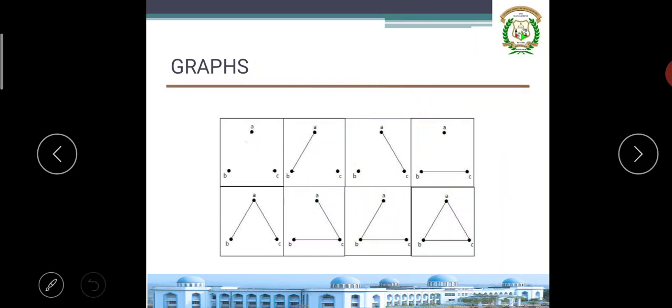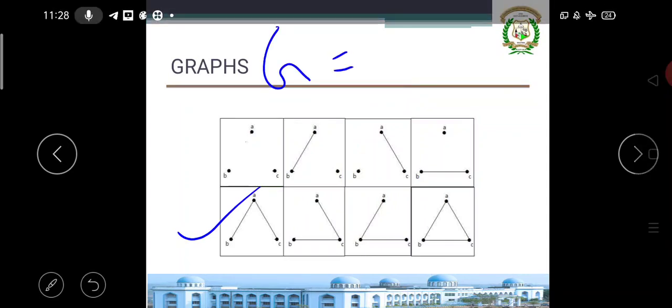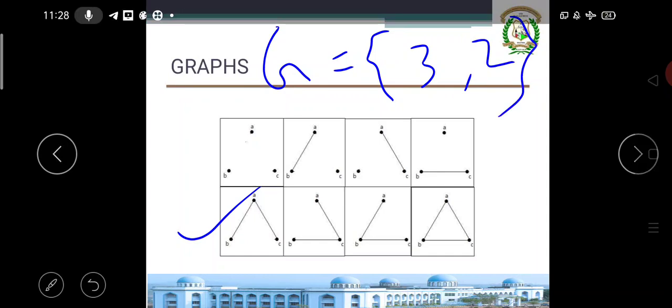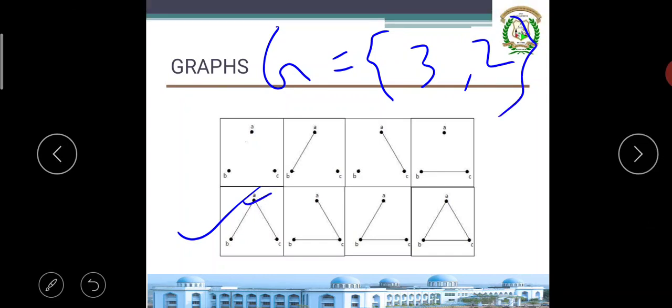Now, if you observe these, three vertices and 2 edges: G of 3, 2. The 3 vertices are A, B, C, and the 2 edges are AB and AC.